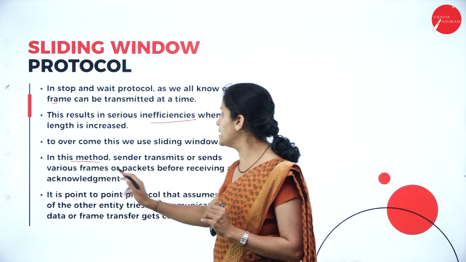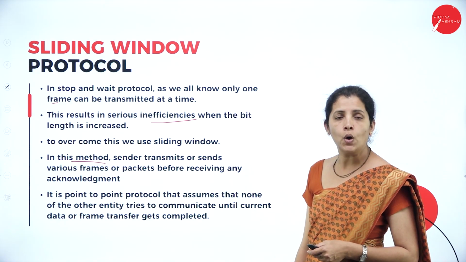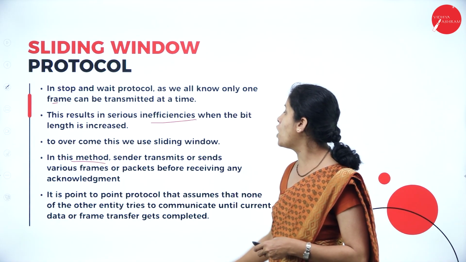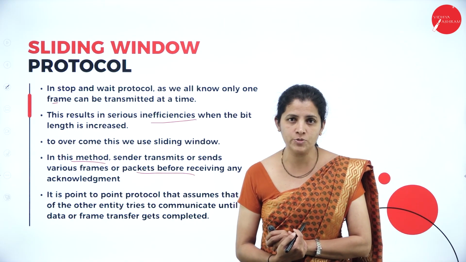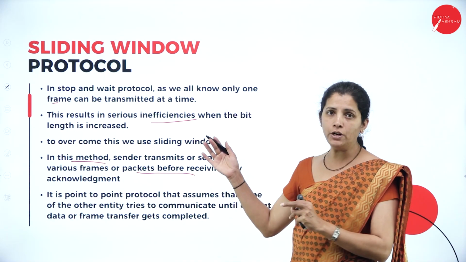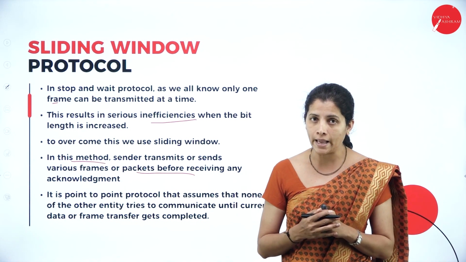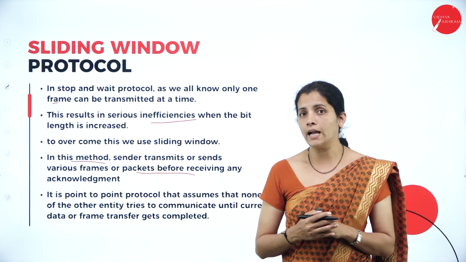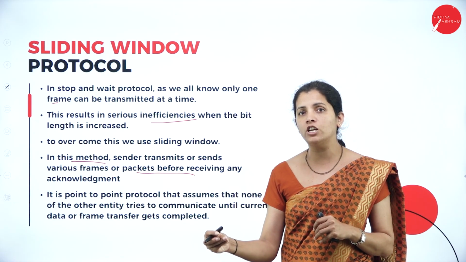In this method, the sender transmits various frames or packets before receiving any acknowledgement. So in a sliding window, the sender can send various packets at a time, without receiving any acknowledgement.